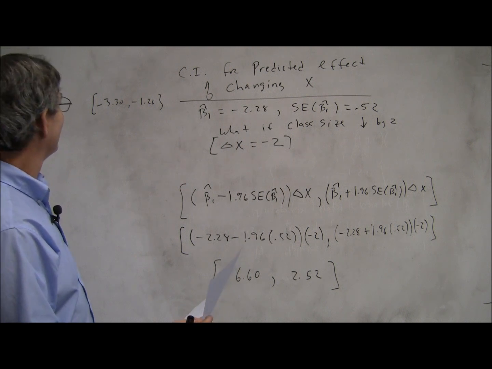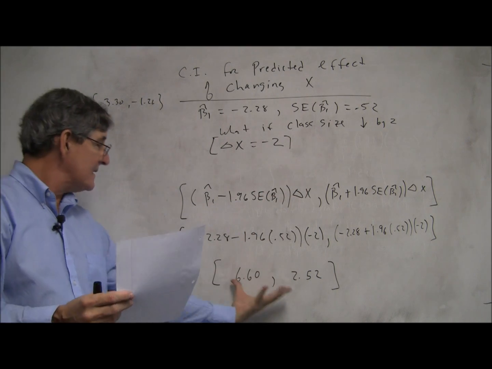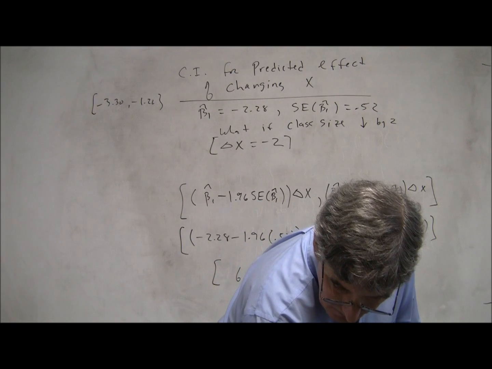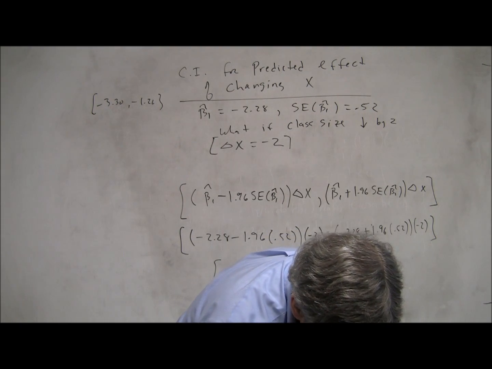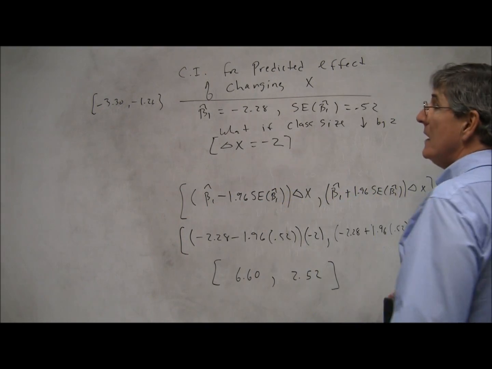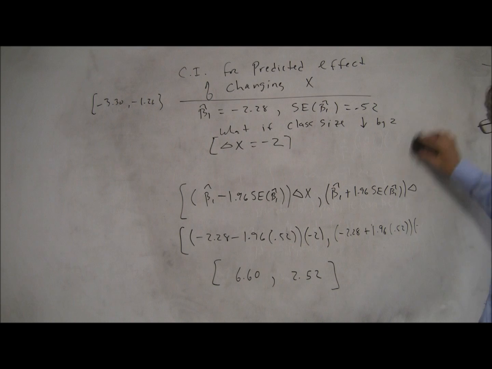Sorry. So you just multiply the confidence interval by the change in x to get the 95% confidence intervals for those. So that's hypothesis testing and confidence intervals. Again, this doesn't contain 0, and so it's statistically significant.